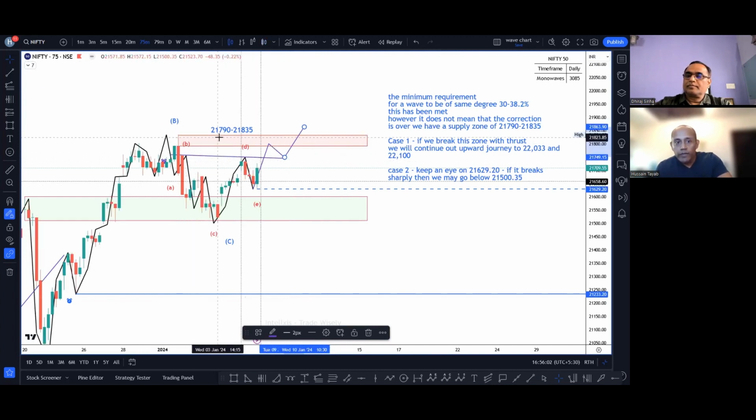Keep in mind, we have this 21,790 to 21,835 supply zone. We see thrust through this supply zone and it crosses 21,835. We will continue our upward journey.